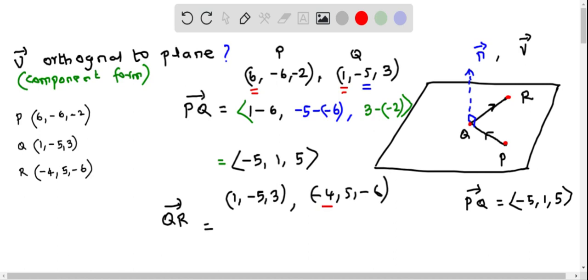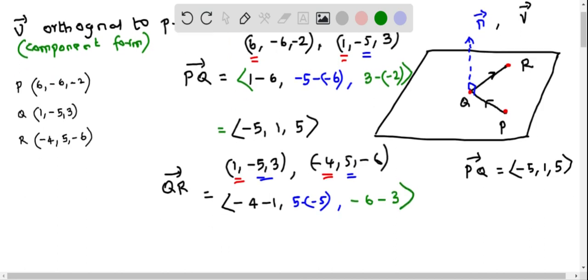We take the -4 and subtract 1 from that. Then I take the next point, that is 5, and subtract -5, so it becomes 5 minus -5. And finally I take the last point, that is -6 minus 3.